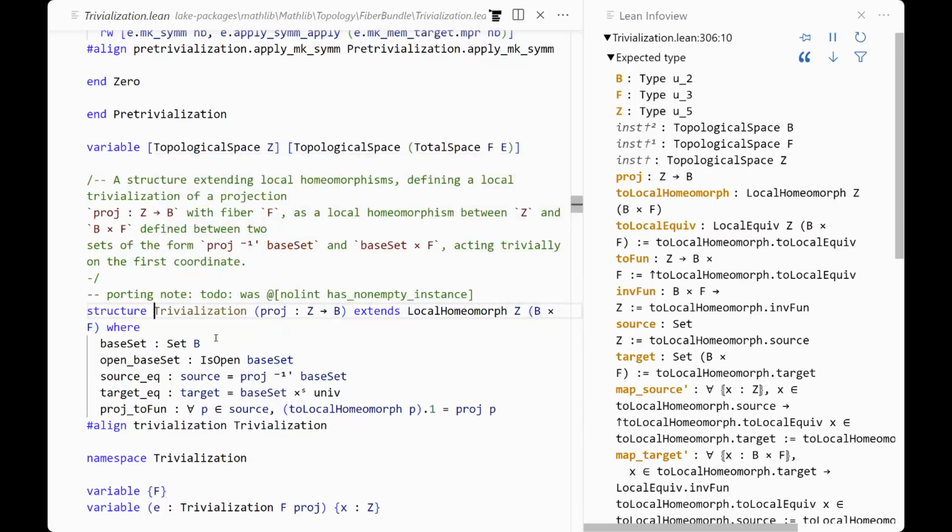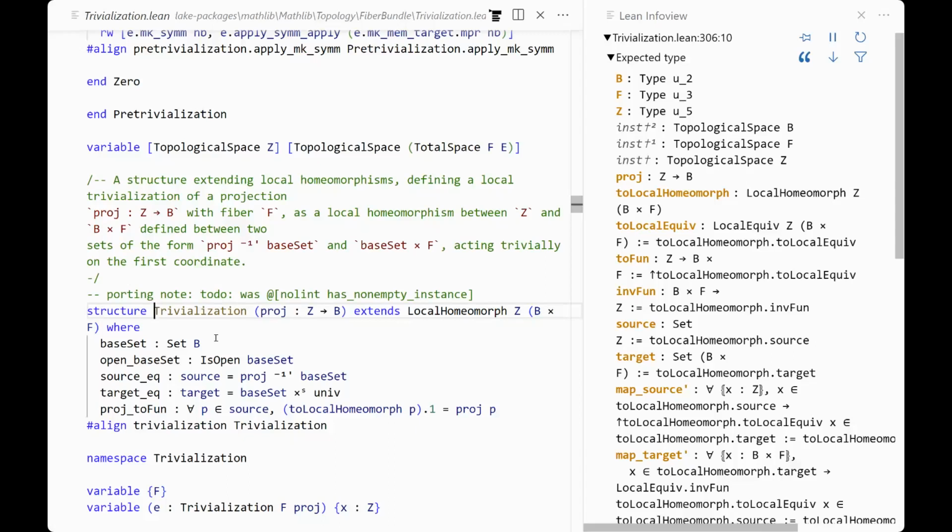So we have this base manifold B, and then we have this total space Z. A trivialization takes some base set where it is a trivialization, and it is a local homeomorphism of all the points that are above this base set of B to a homeomorphism between this shaded area and here, B cross F, this space.